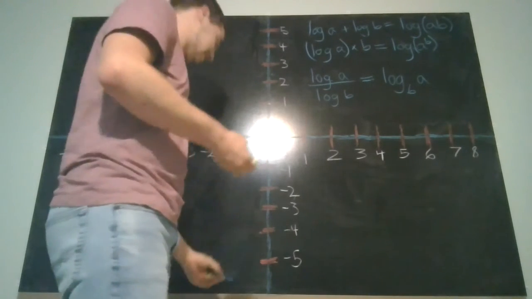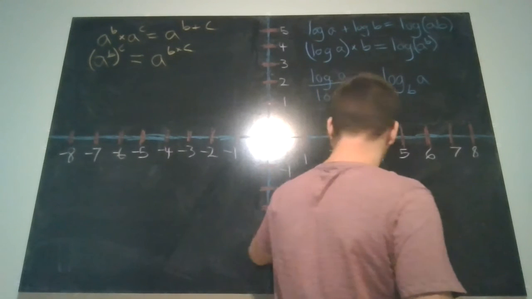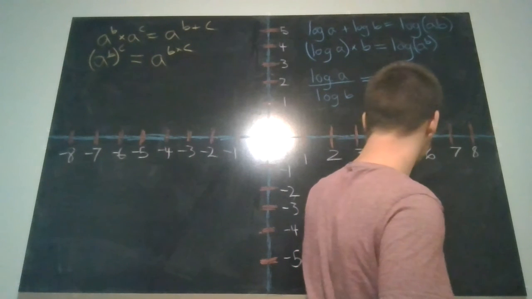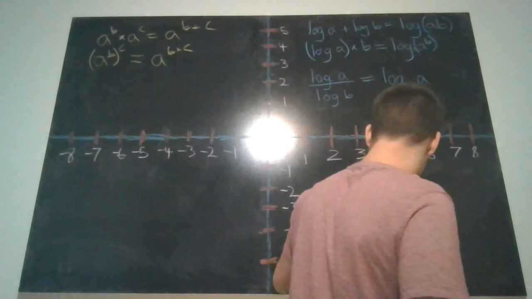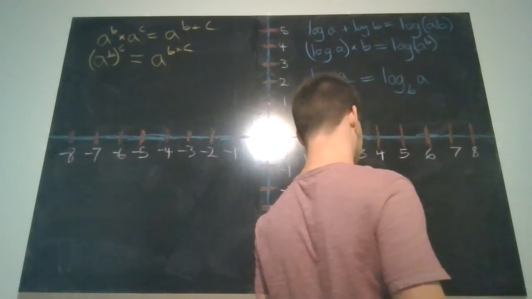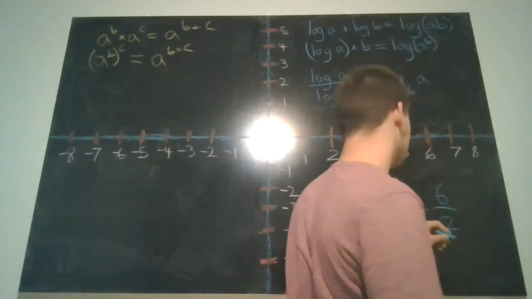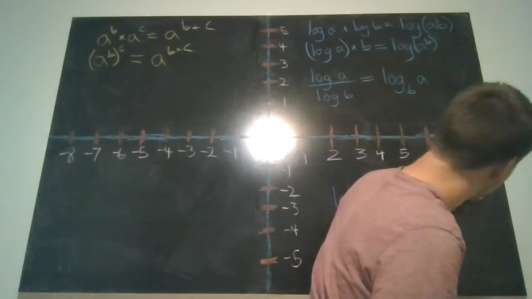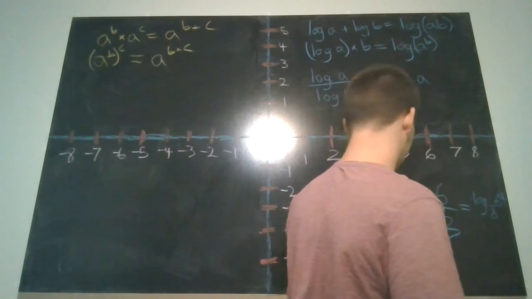So let's think like computer scientists for a moment and say log base 2 of 64 divided by log base 2 of 8 is going to be 6 over 3, which is equal to the log base 8 of 64, which is equal to 2, of course.